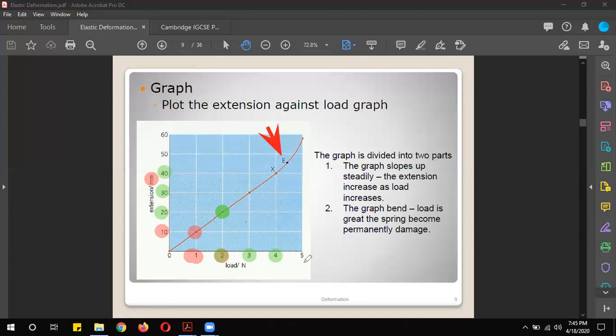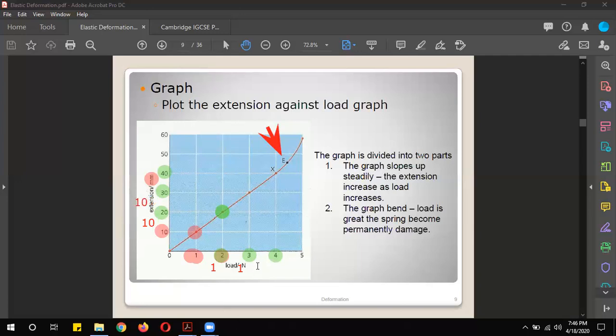Now tell me what is the difference here. The difference here is 1 Newton, and it brought a 10 millimeter difference. Again, we increased 1 more Newton load and an increase of 10 millimeter has come in the length.